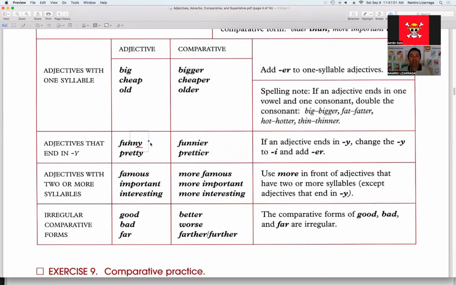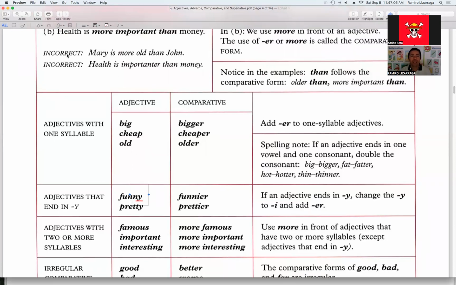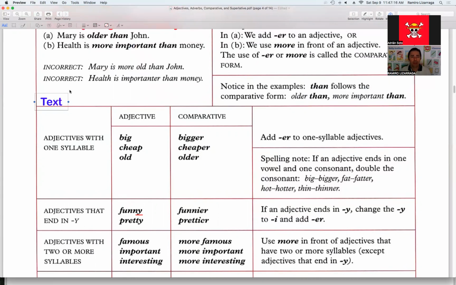What can I say? Do we have an example here? No, okay. But I can make a sentence. Let me make an example of this adjective. I'm going to take the same example, Mary.